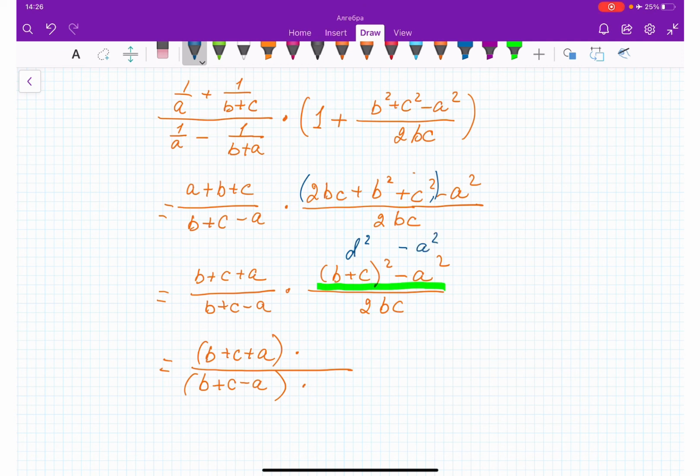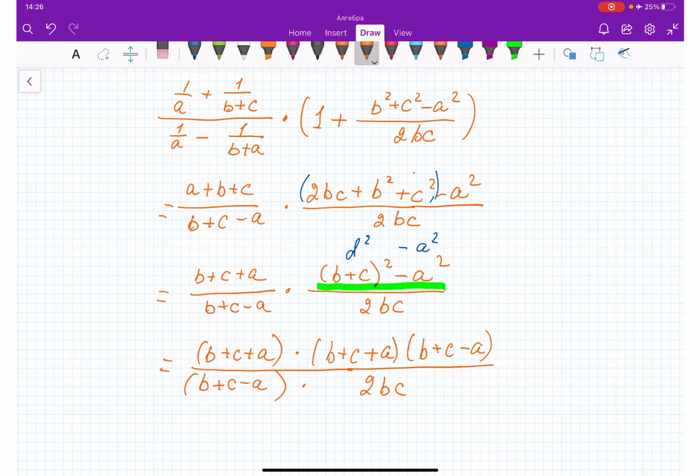So it's going to be (b plus c plus a) times (b plus c minus a). We used the difference of squares, and times 2bc.